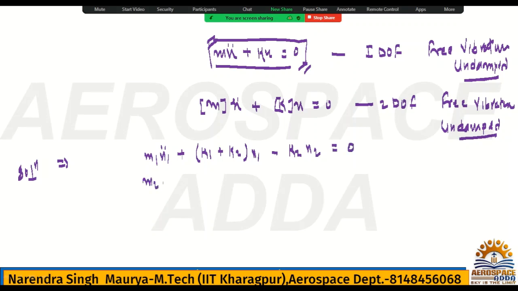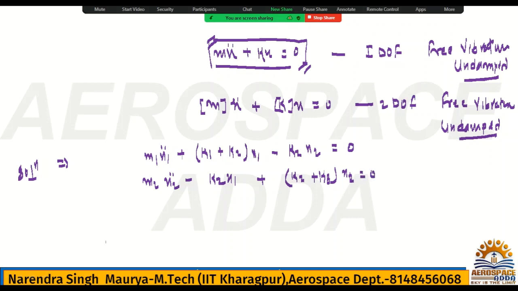And similarly, m2 x2 double dot minus k2 x1 plus (k2 plus k3) x2 equal to 0, and x1 and x2 are functions of time.